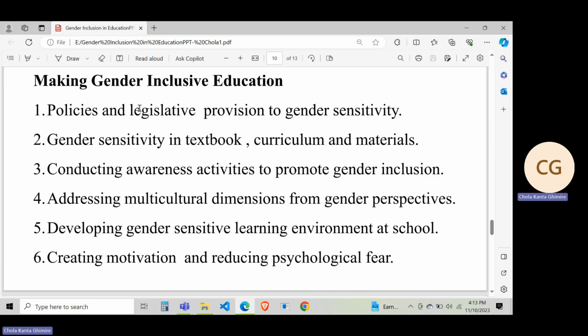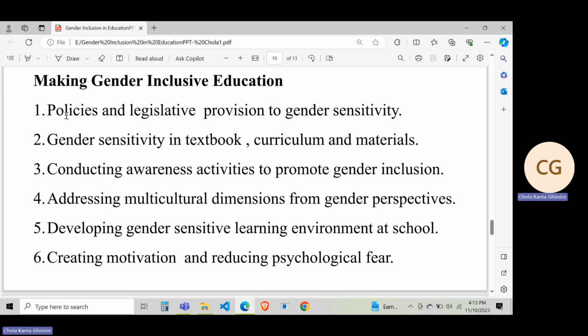How to make education gender inclusive? First, we can ensure inclusion in education by formulating policies and legislative provisions. Formulating education policies and other policies, and making legislative provisions that address gender sensitivity.